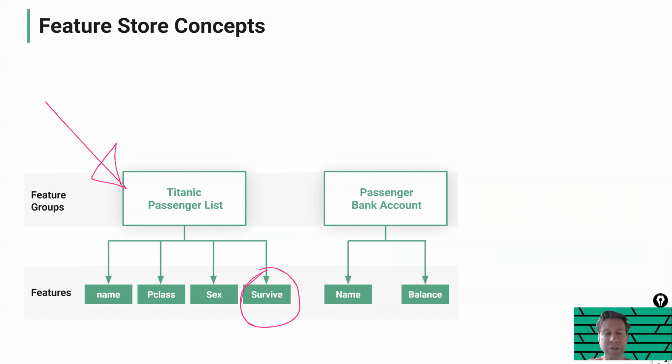But in a production system, you might have data coming from different data warehouses, different tables in those data warehouses, from different data lakes and from different event queues, for example.